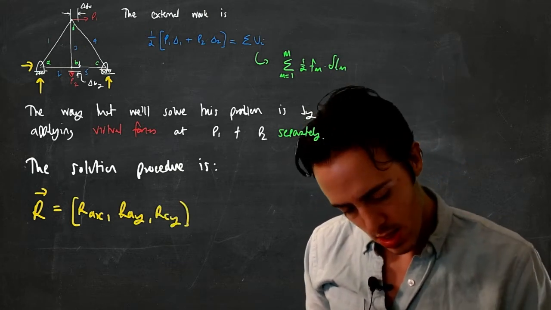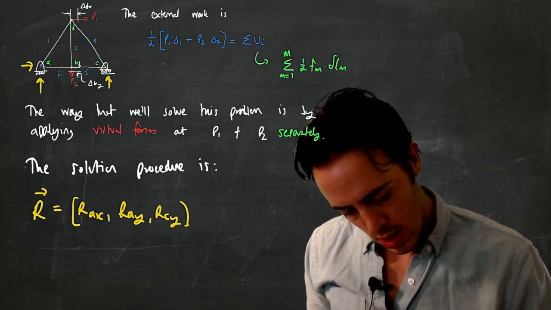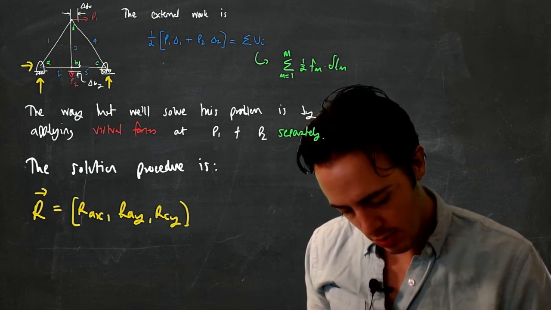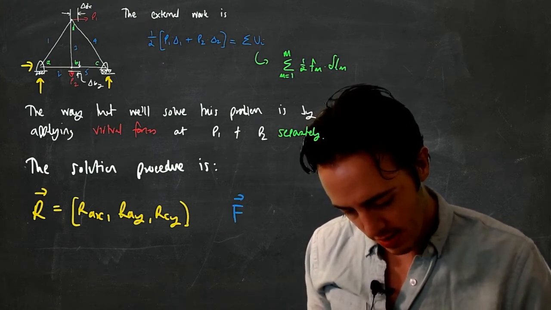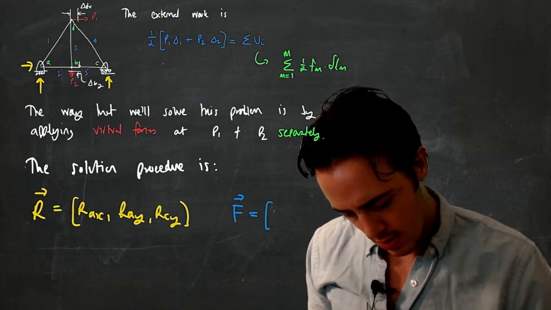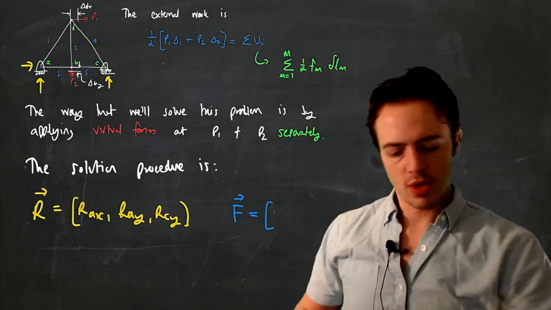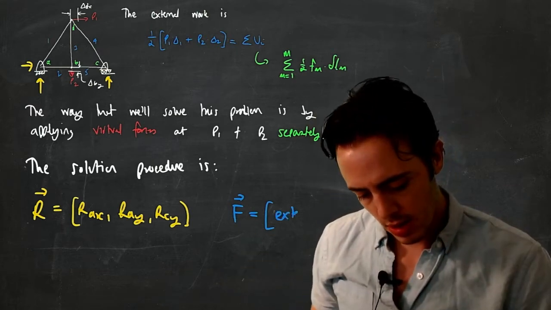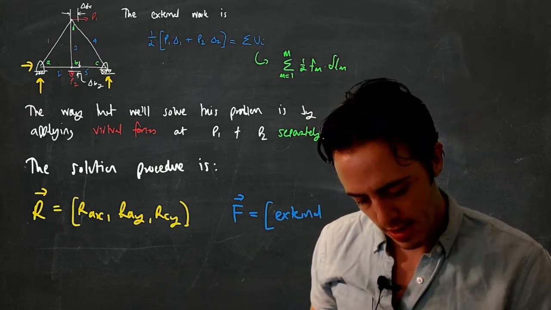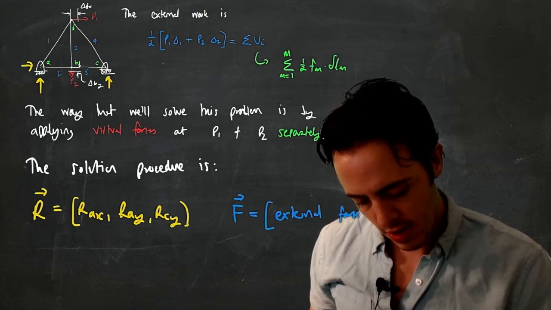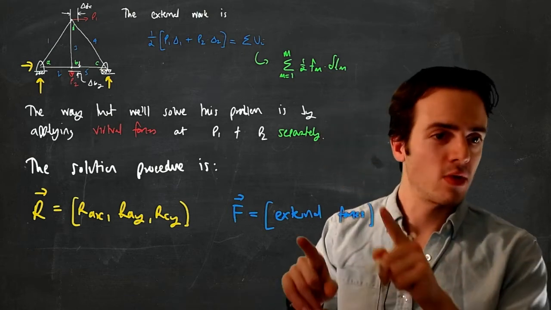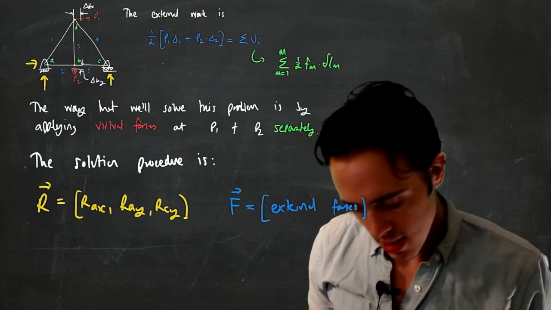Okay. And then we've got some external forces, which we'll say is F vector. I'm going to define what this is a little bit later, because we want to be smart when we use work energy methods, and we're going to put some extra forces in here.